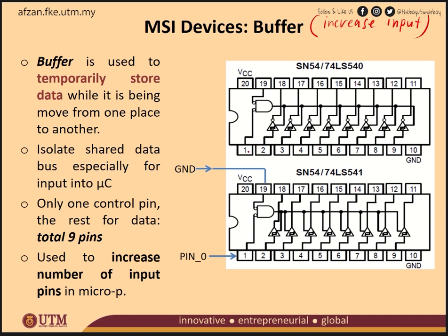So this is your buffer. This is the circuit inside the buffer. If you see here, this is VCC. Pin 10 is ground. So you need to connect this one to ground, and this one here you need to connect to VCC, 5 volt. And you see here, pin number 1 here is actually your control pin, and pin number 19 always put to ground.